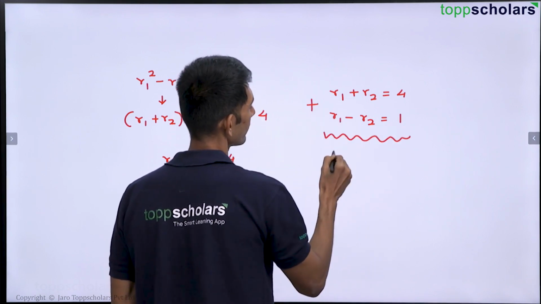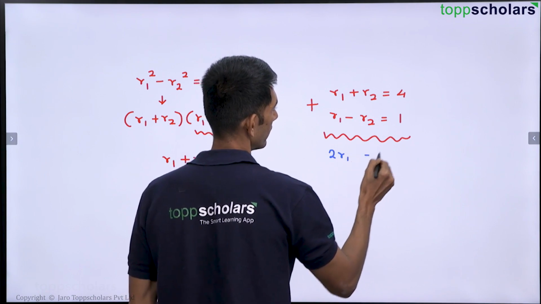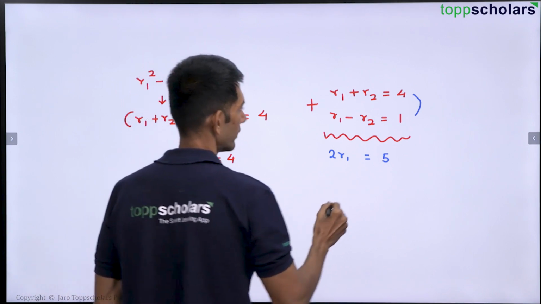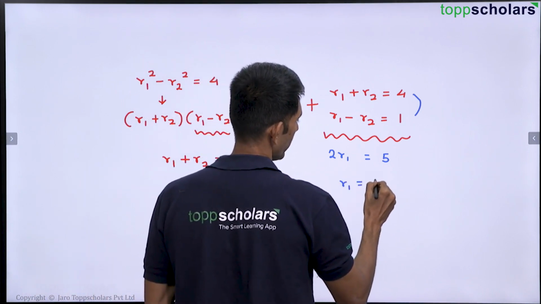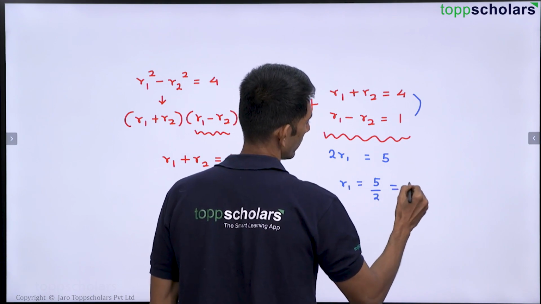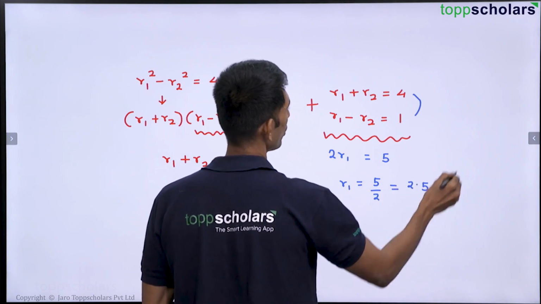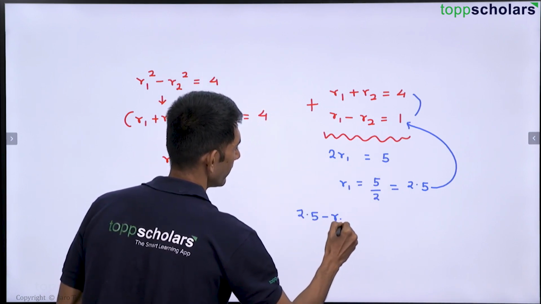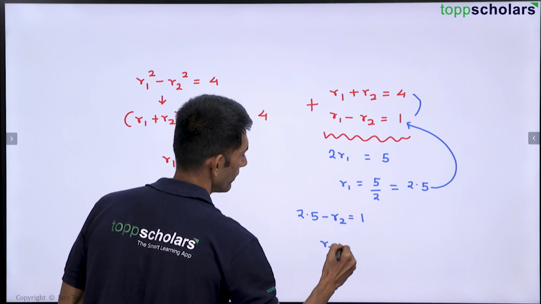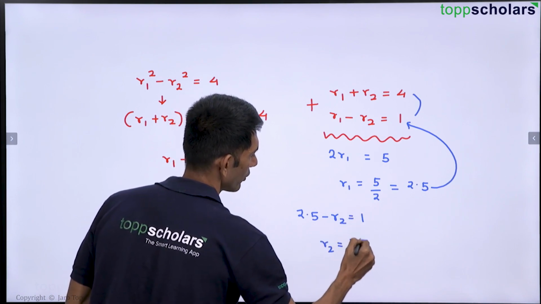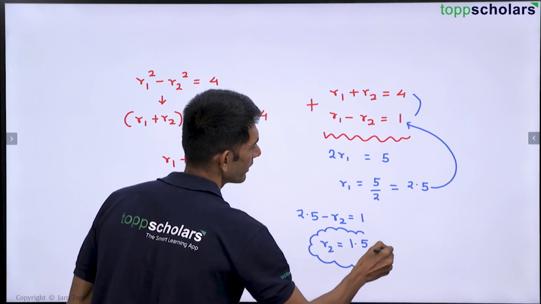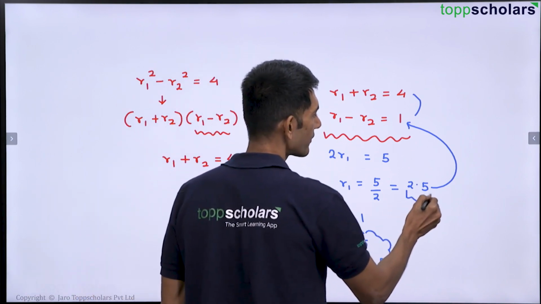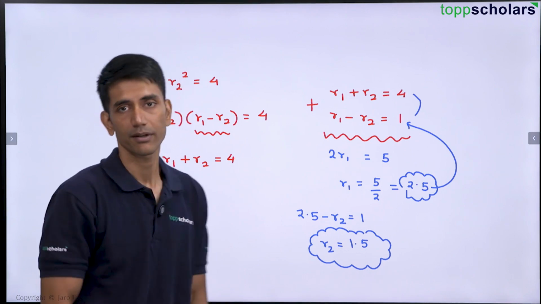Once I add these, I get 2R1 is equal to 5, correct? So R1 will be equal to 5 divided by 2, that is 2.5, and once I put 2.5 here, I get 2.5 minus R2 is equal to 1. So R2 will be equal to 2.5 minus 1, which is 1.5. So 1.5 centimeter is the final answer for R2, and for R1 it is 2.5 centimeters, right?